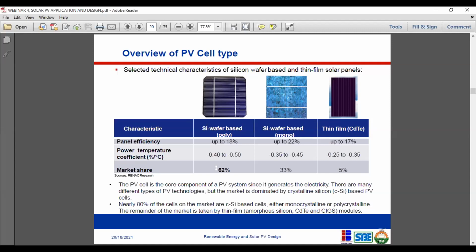Then the market share that you're seeing here, this is one of the reasons why I no longer believe that this market share is valid at this time. This research was done sometime in 2018 to come up with a market share of 62% for the polycrystalline and 32% for the monocrystalline, but that has changed now.